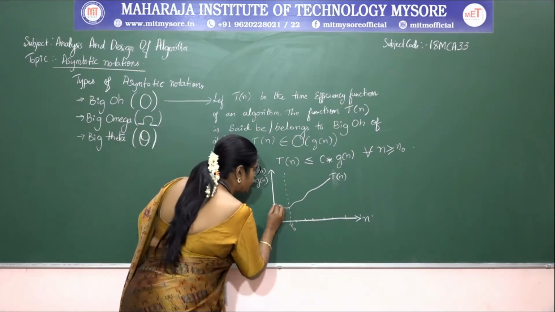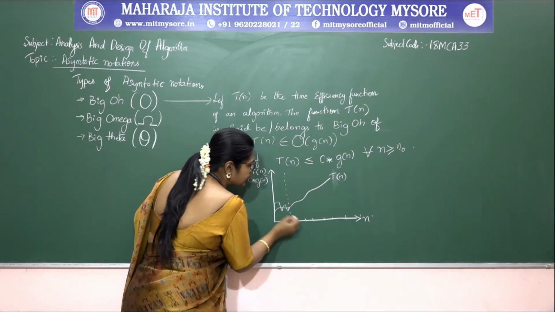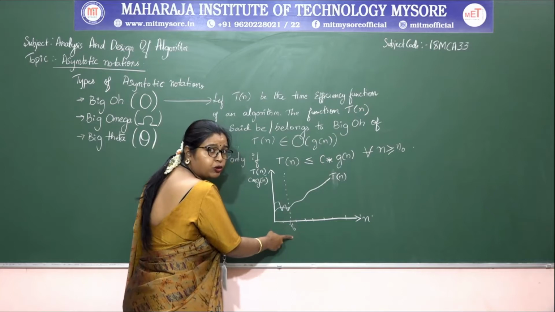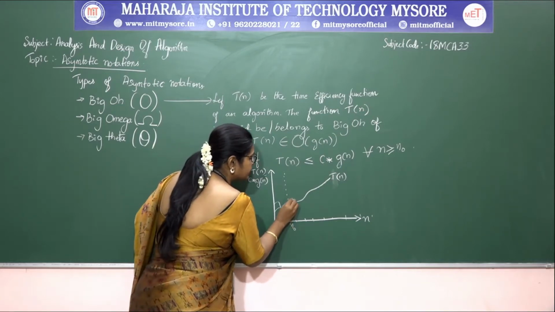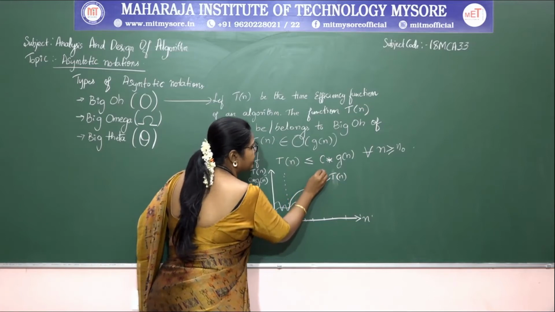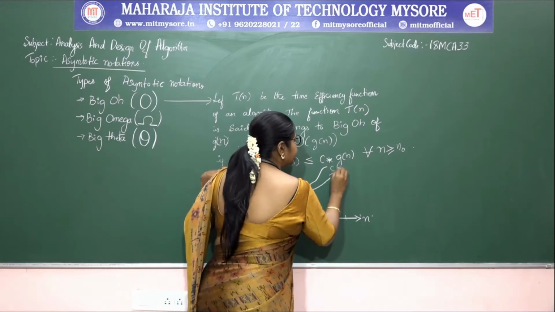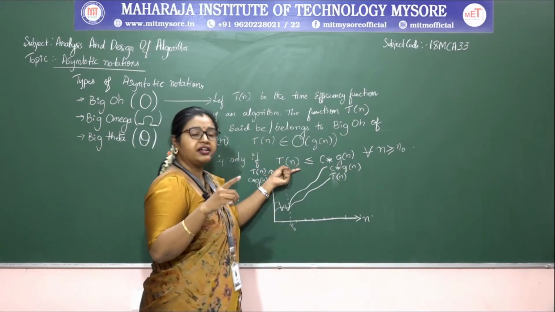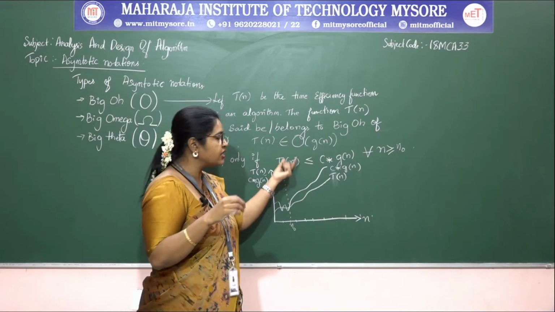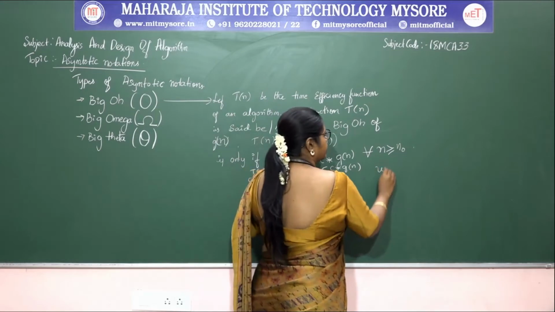So whatever it might be, but after this absolute point, from this point, this curve should be greater than this T of n. That is c into g of n. According to this criteria, the constraint itself, we can say that this represents the upper bound of the algorithm.